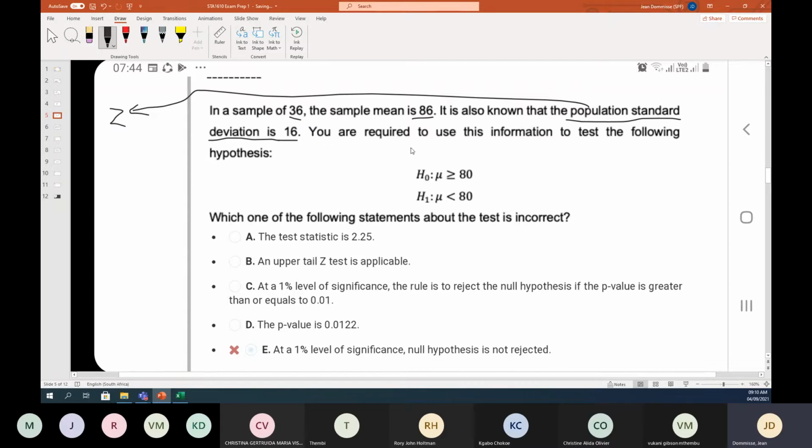You are required to use the information to test the following hypothesis. So that is your hypothesis. Which of the following statements about this test is incorrect? Jean?